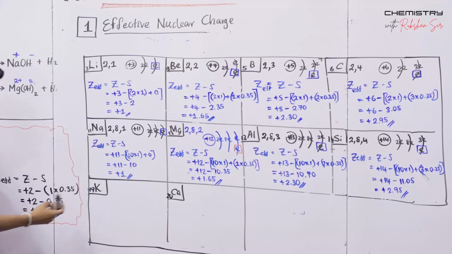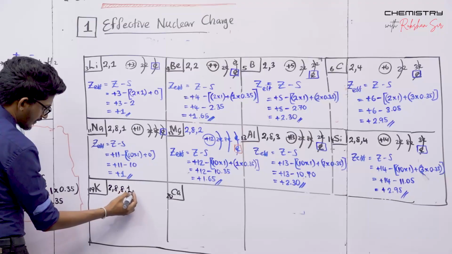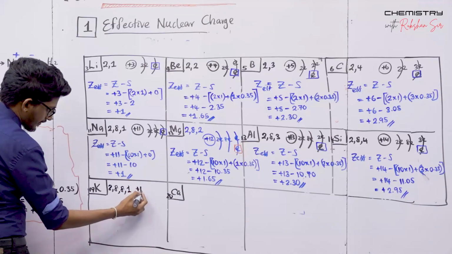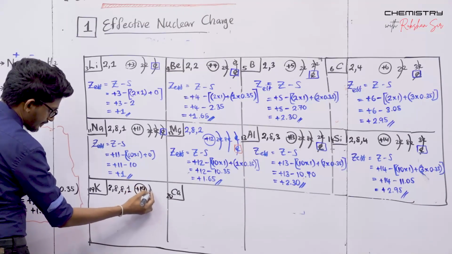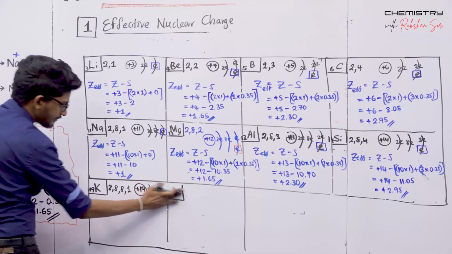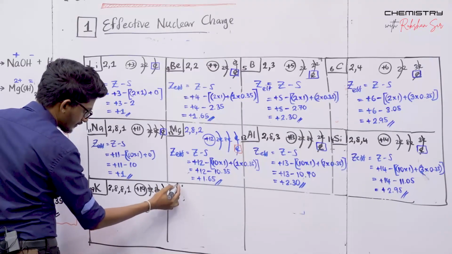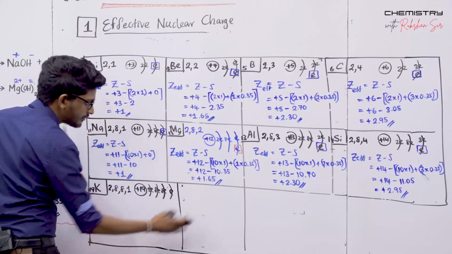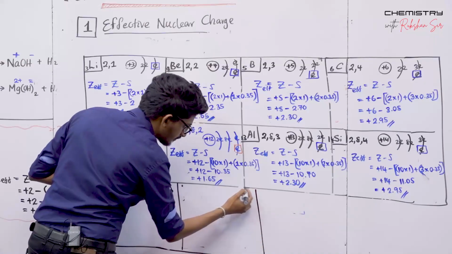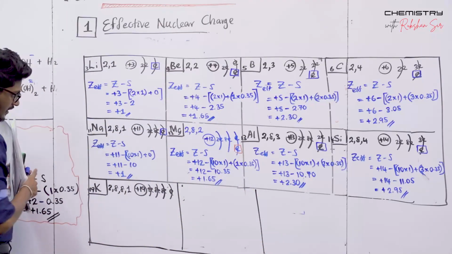For the potassium, 2, 8, 8, 1: 2 electrons, 8 electrons, 8 electrons and 1 electron. See, this is the considering electron.